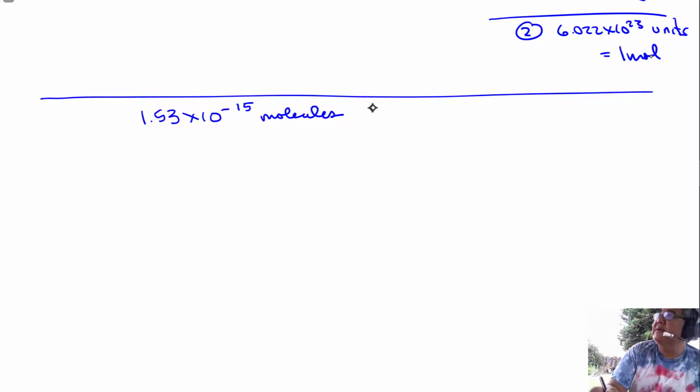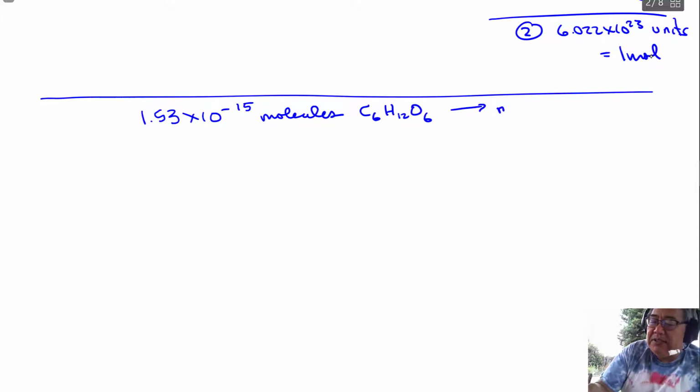Or actually, let's pick something else. Let's do C6H12O6, like this. So glucose, glucose molecules. And we want to convert that into moles. Or let's do grams. Let's do that into grams.